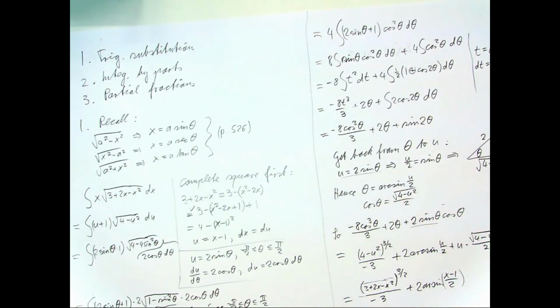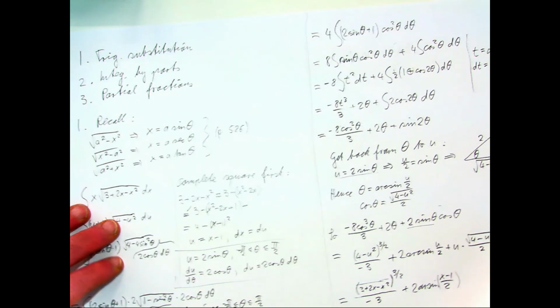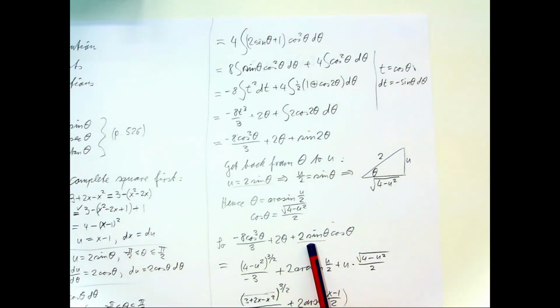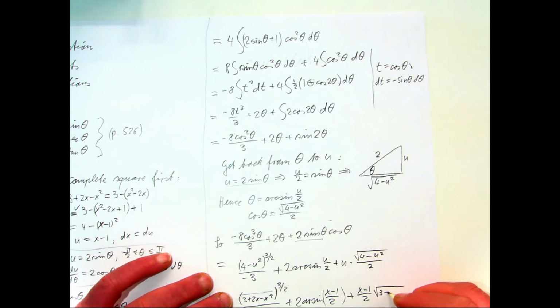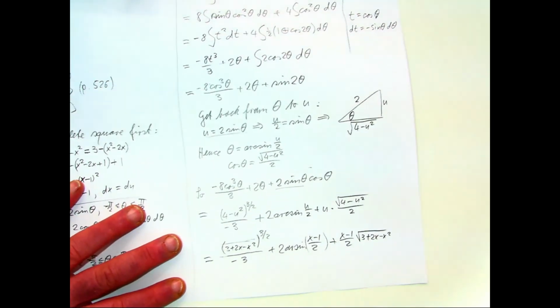Let me just check. So that should be plus the x minus 1 over 2, and then times, let's write it like this, 3 plus 2x minus x squared plus c.